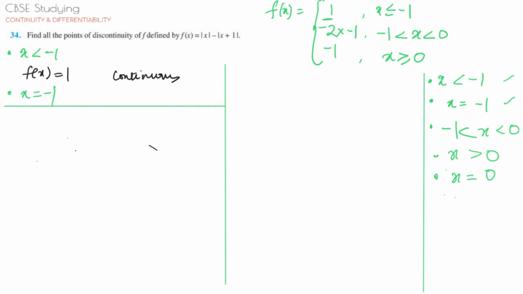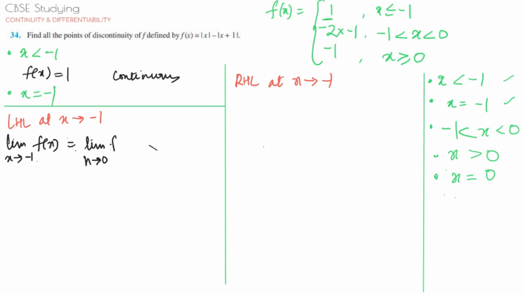So we have LHL at x tends to minus 1 and we have RHL at x tends to minus 1. So now limit x tends to minus 1, f(x) is equal to limit h tends to 0, f(-1 - h).